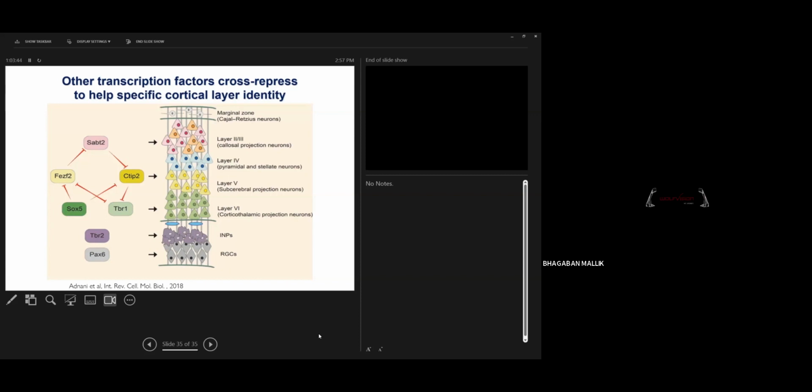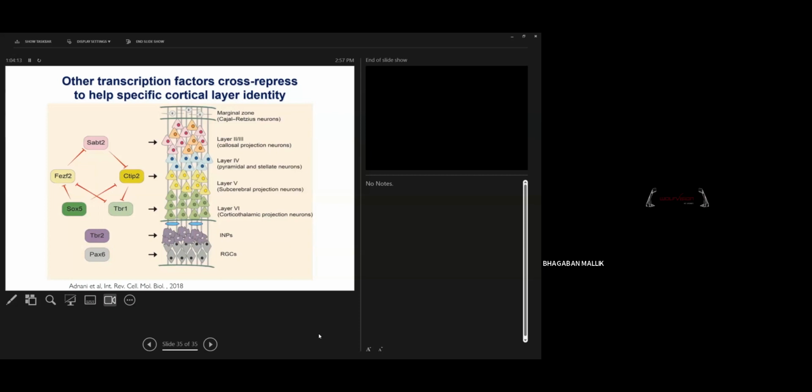Your FEZF2 for layer 5, layer 4, and mostly layer 4, and also layer 5. And you have SOX5 and TBR1 in layer 6. You have also the expression of other transcription factors which specify or differentiate neurons to the different layers of the cortex. Okay, so this is all about it.